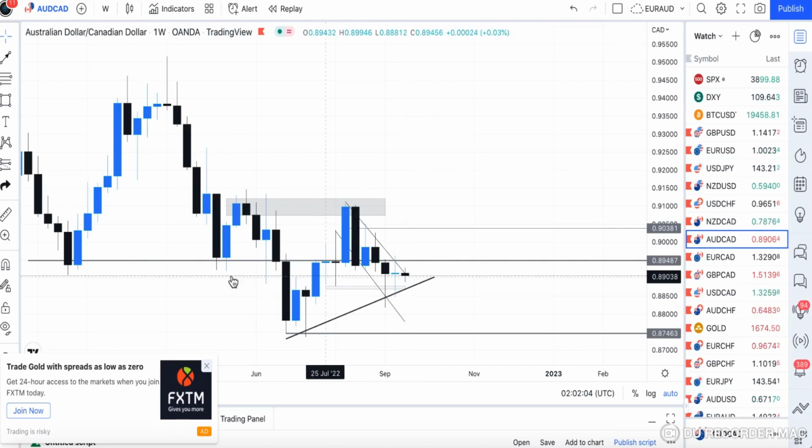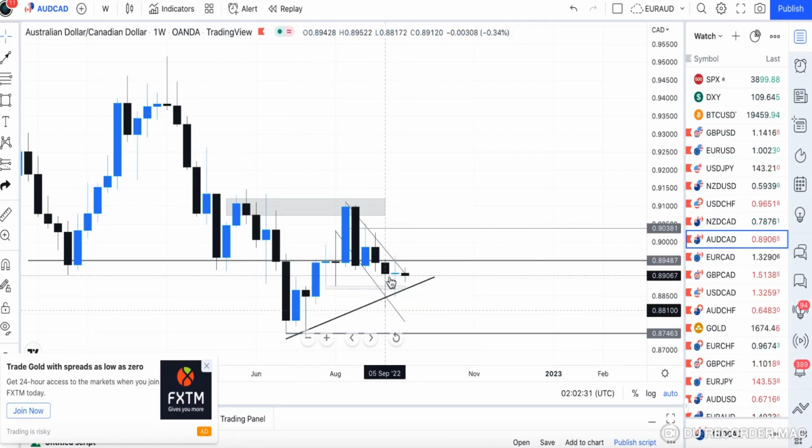So after the rejection, we break below this particular support level at this area. We first break above this resistance level. It's a level of resistance before it came to act as the support level. Then we break back to that particular level.